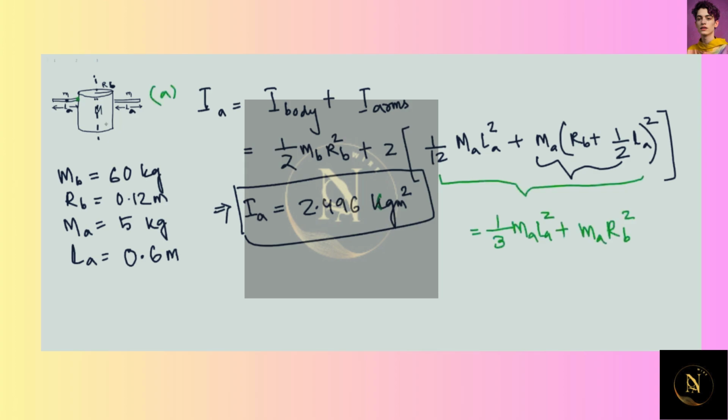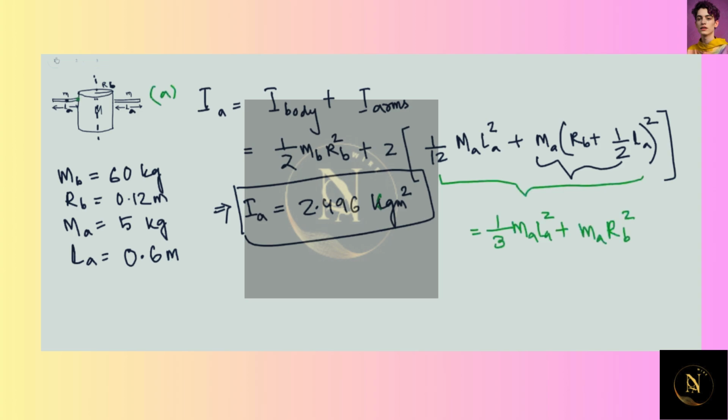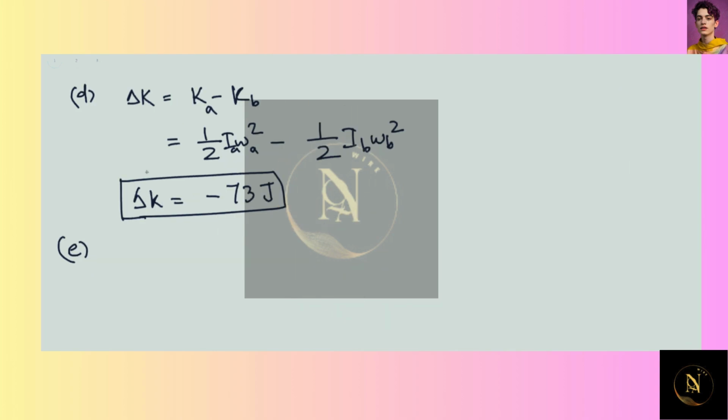Another way to express this is that it takes work to bring the arms into the sides when rotating. So if you are going from A to B, we need work to be done to go from posture A to posture B. And this comes from the relation where work is basically change in kinetic energy.